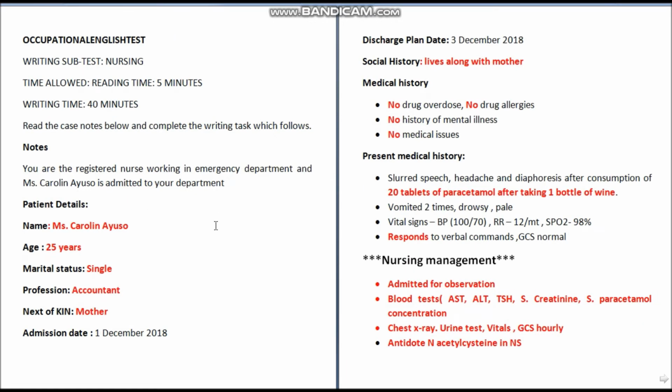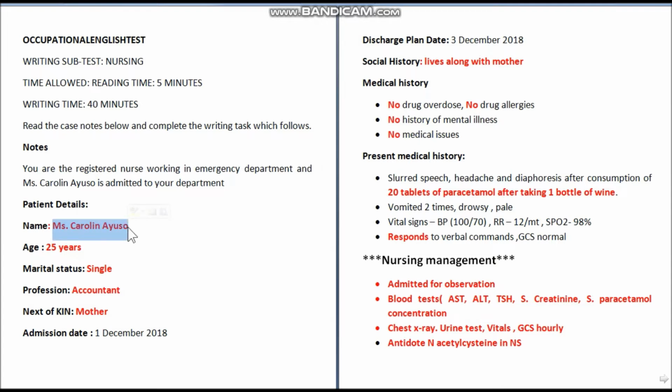Now we have to search for the other two things, the patient details and diagnosis. Here you can see, when we start reading the notes: you are a registered nurse working in the emergency department, and Miss Ayoso is admitted to your department. Here you can see the patient detail.